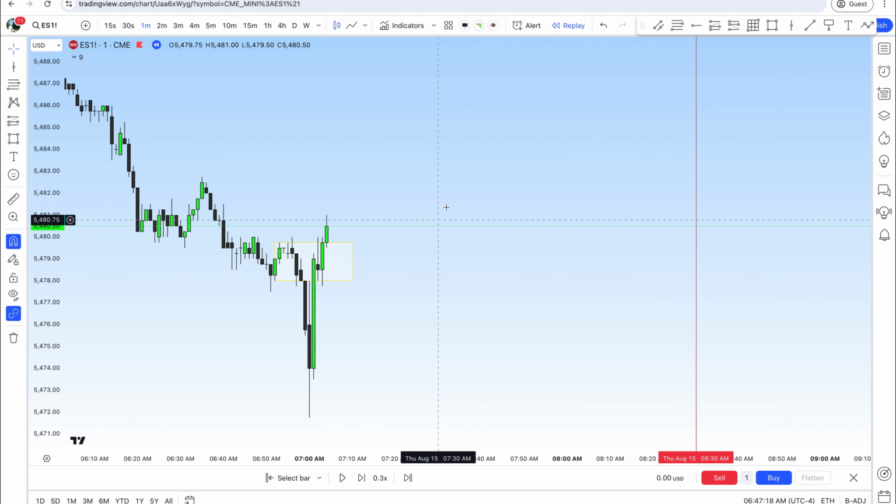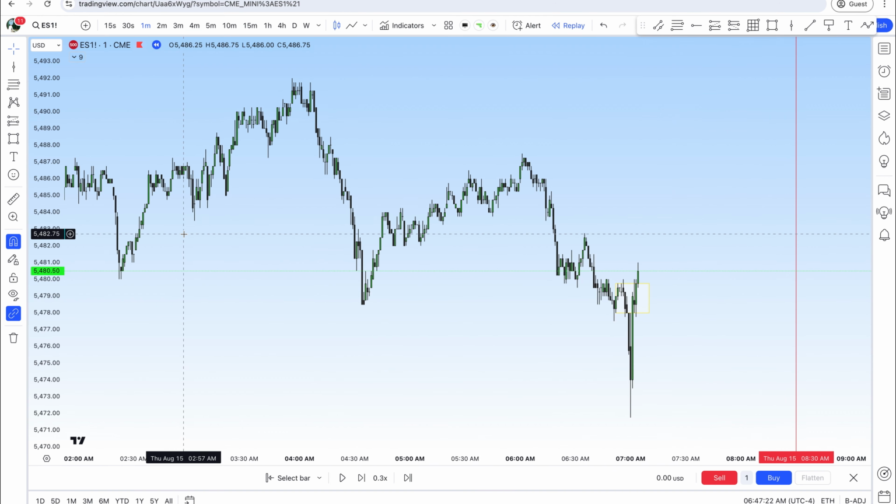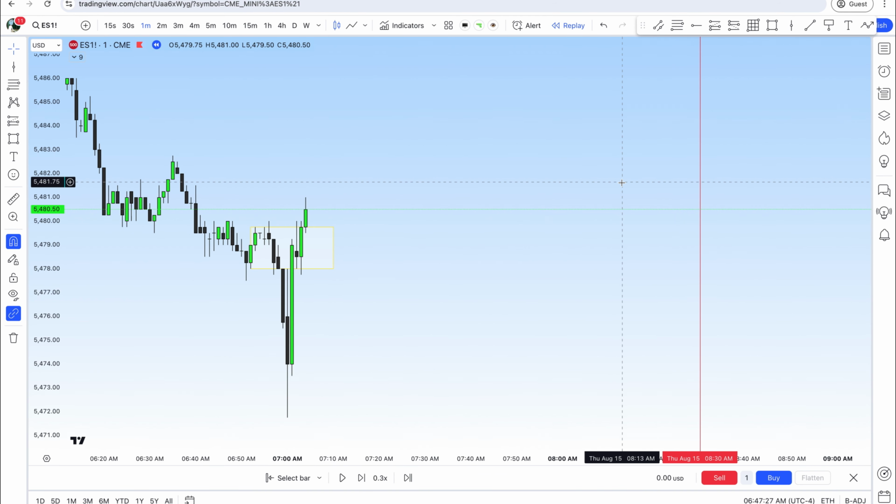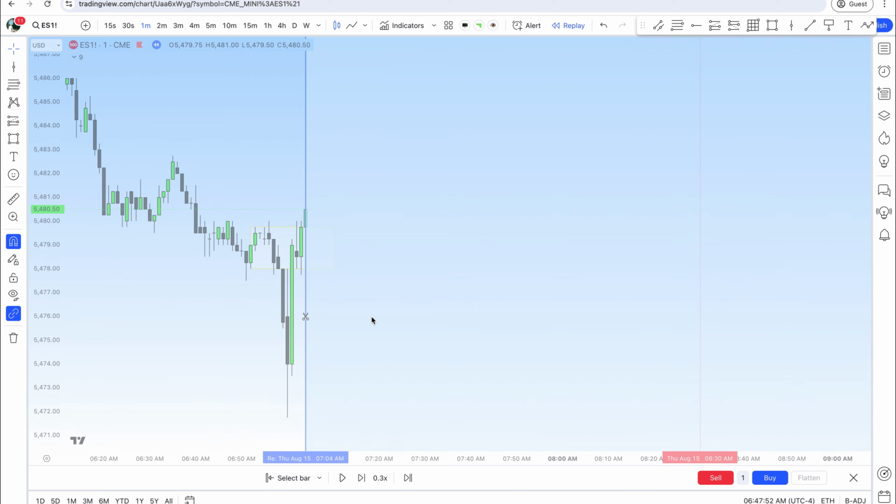I already know just off of this. I'm not looking at nothing behind. I'm literally just looking at this. And I know that at 8:30 we are going up on this news driver. What do you think I did? Got in right here. But I didn't execute a trade on this.